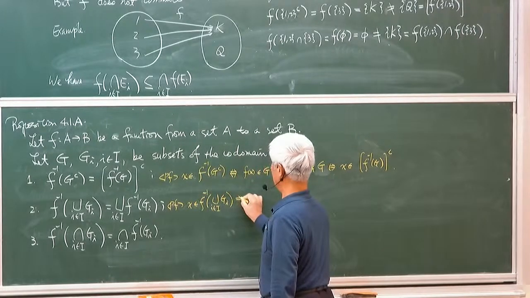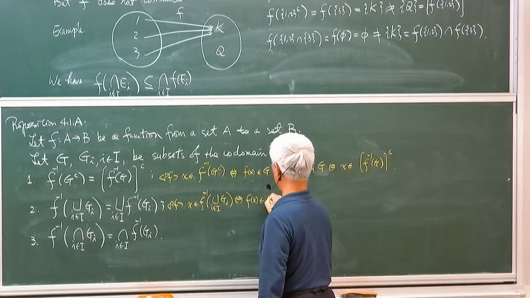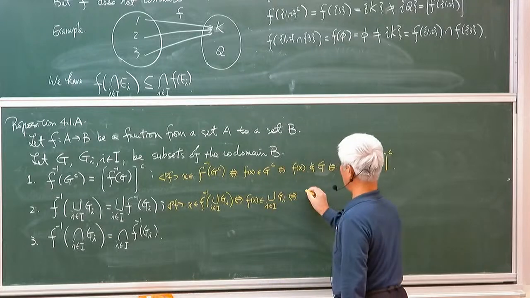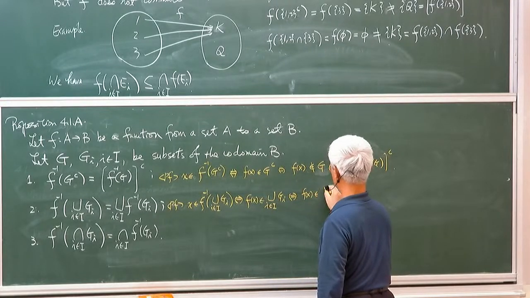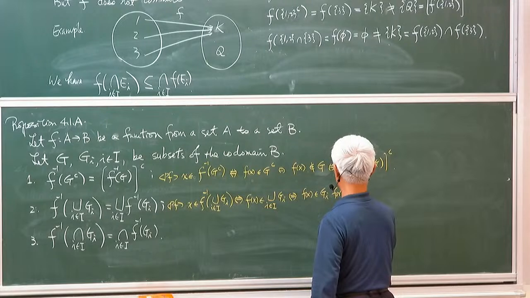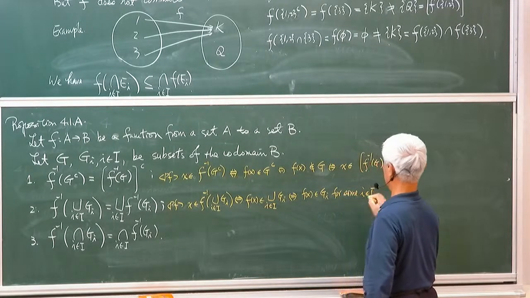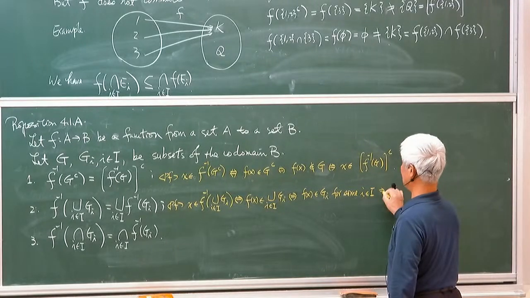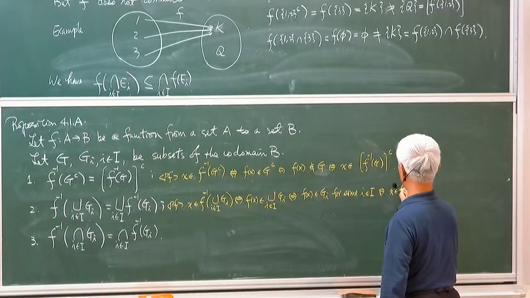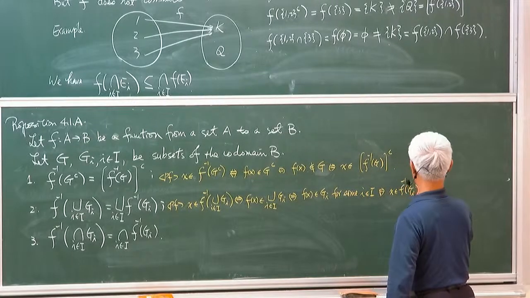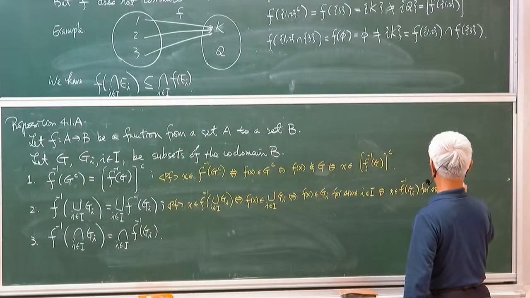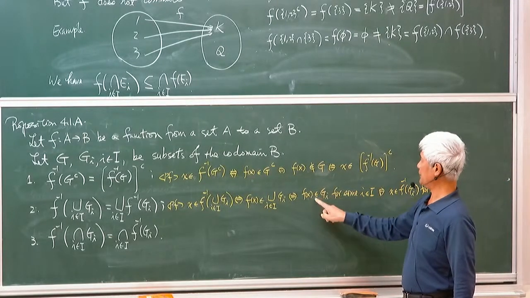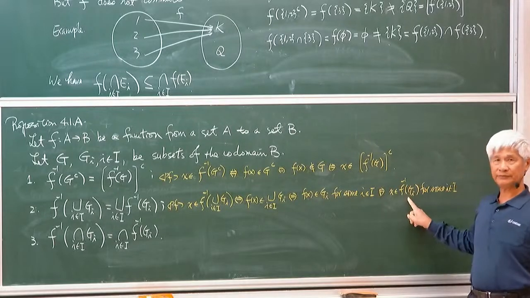Now here, f of X is in the union, which means that f of X is in G sub I for some I, because union means for some. And which means that X is in the inverse mapping of G sub I for some I in the index set. Function value in GI means that X is in the inverse mapping of GI by definition.